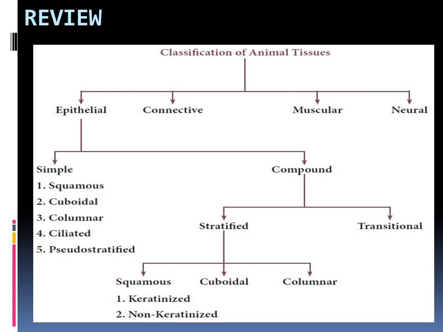Then this squamous epithelium is again classified as keratinized as well as non-keratinized type, right? So in today's session we are going to elaborately see about these various types of compound epithelial tissue.